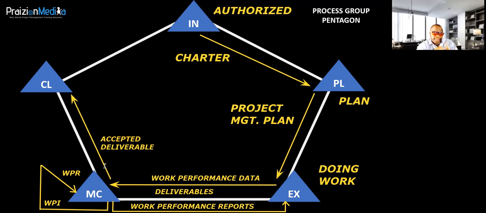We inspect it as the performing organization, and the customer also inspects it. That accepted deliverable is then going to go to the closing process group. And it goes there so that we can transition that deliverable into the operations team, to the customer, whoever needs it. So that's the overarching idea of what happens.